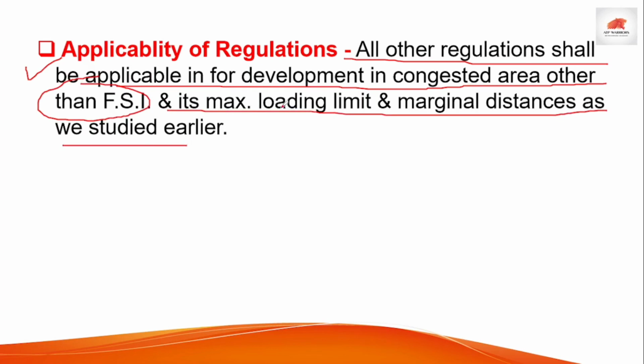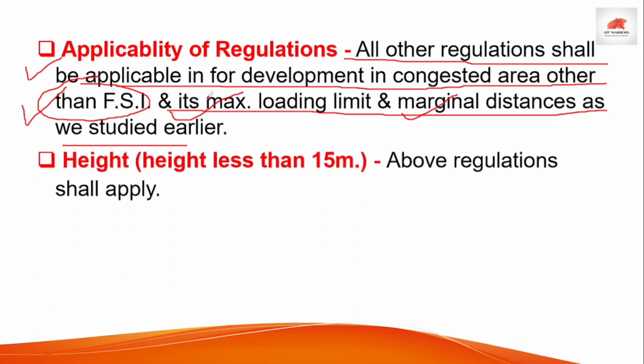The meaning is simple; I don't think there is something to explain here. It means you cannot compromise on the FSI, its maximum loading limit, and the marginal distances given in the regulations, but the other regulations apply as well.